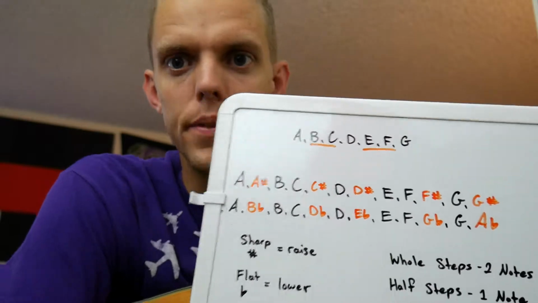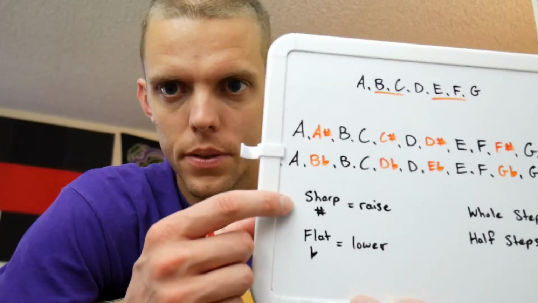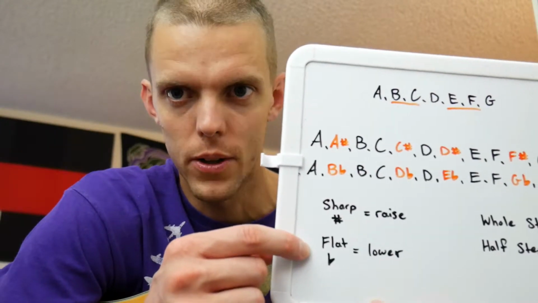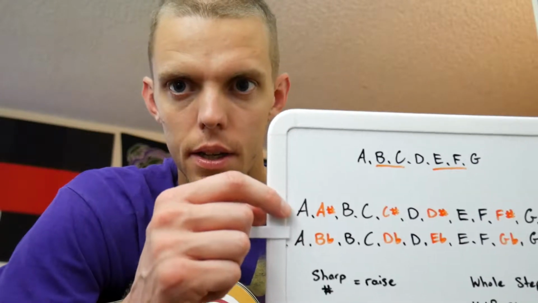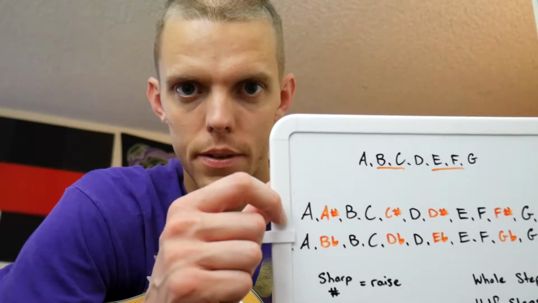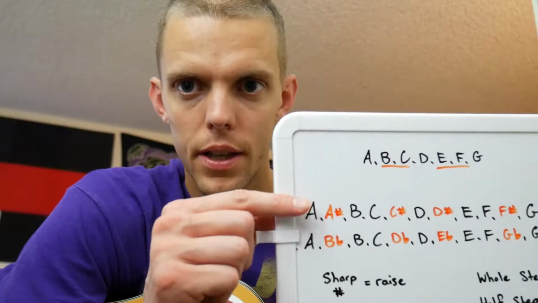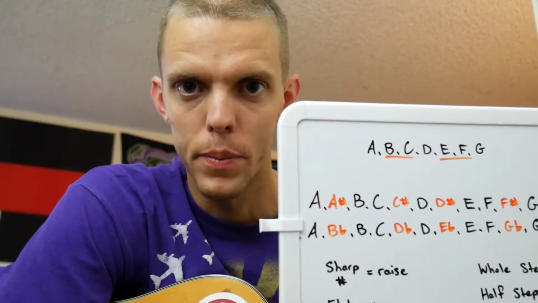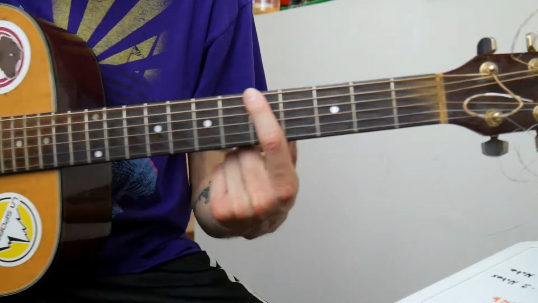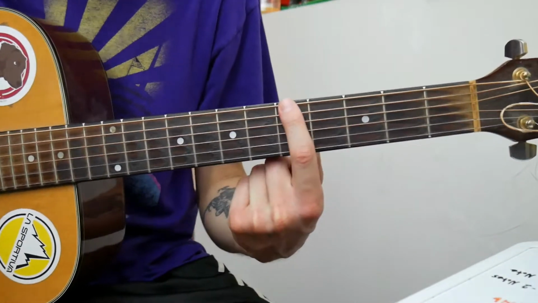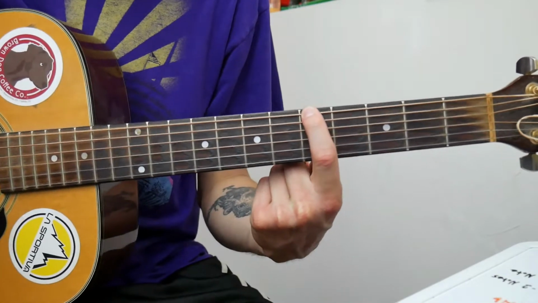Well, okay, in music, there's something called sharps and flats. So in between the notes A and B, there's another note. And you can either call it an A sharp or a B flat. Let me show you on the guitar. So, on the 5th fret, on the top string, that is an A note.